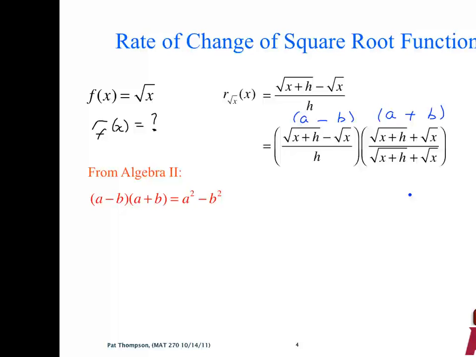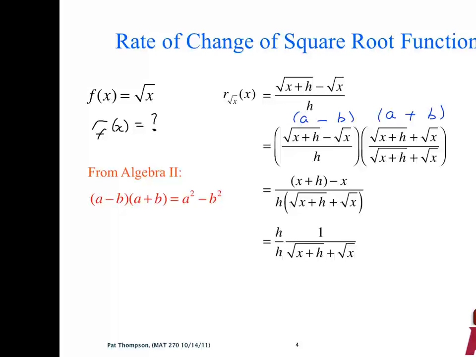But if we multiply the top by the square root added to the square root, we also got to multiply the bottom, so it doesn't change the value of the ratio. It's just like multiplying by 1. Okay? And so when we do that, we get a squared minus b squared, which is x plus h minus x in the top. And that leaves us just with h in the top. And we had an h in the bottom.